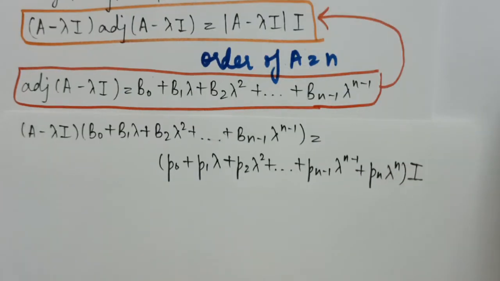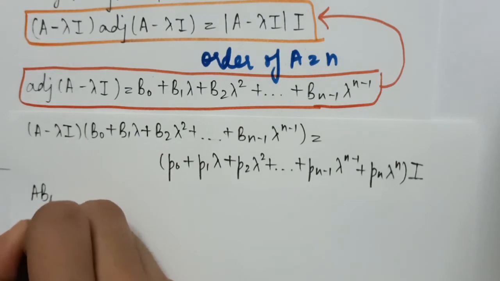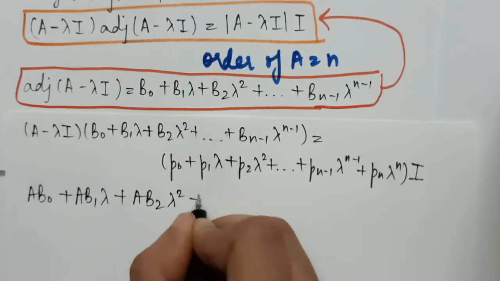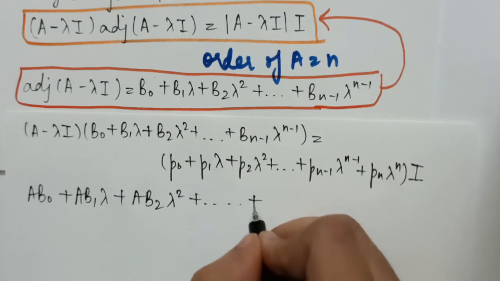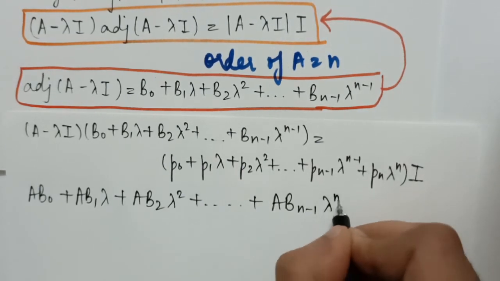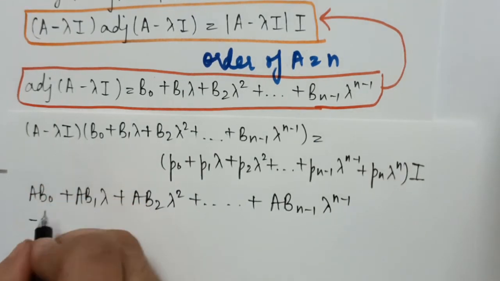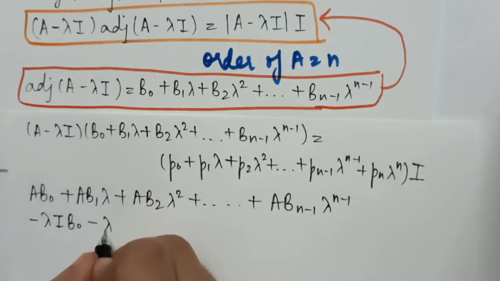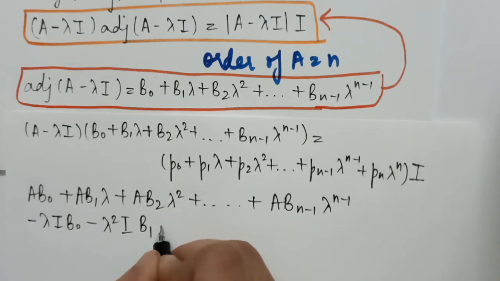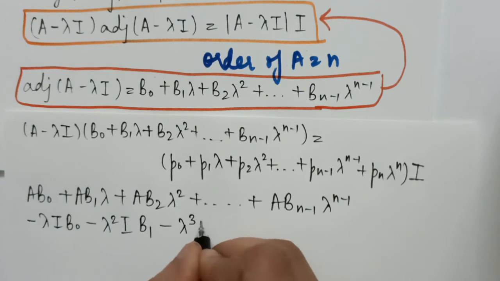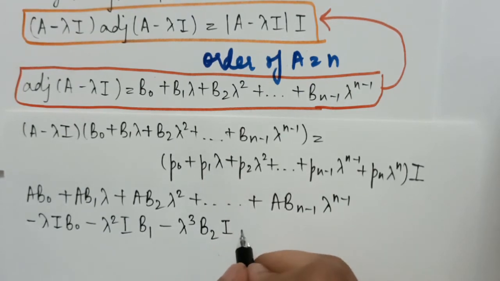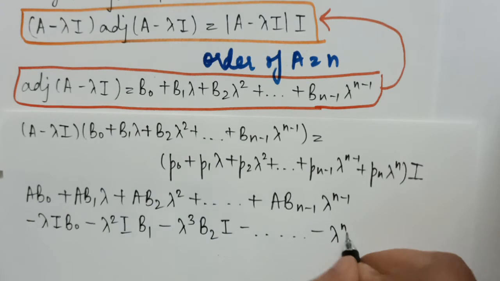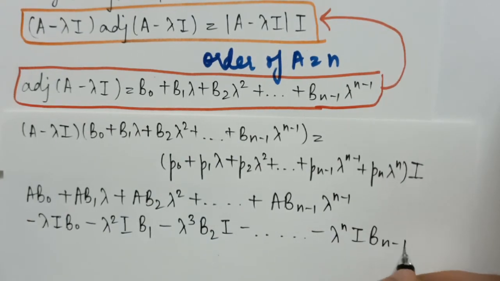Simplifying, we get AB naught plus AB1 lambda plus AB2 lambda square plus up to ABn minus 1 lambda n minus 1, minus lambda I B naught, minus lambda square I B1, minus lambda cube I B2, and minus up to so on, minus lambda n I Bn minus 1.